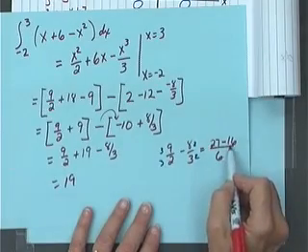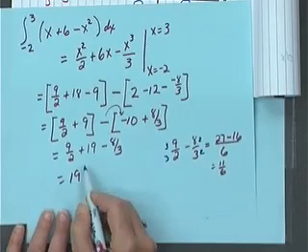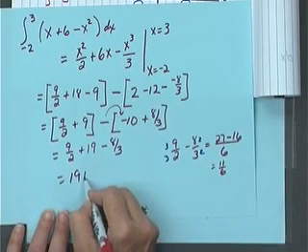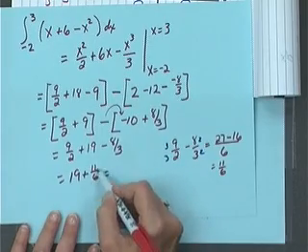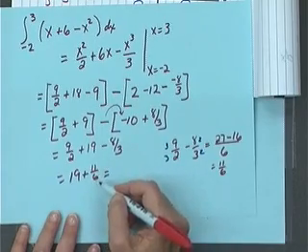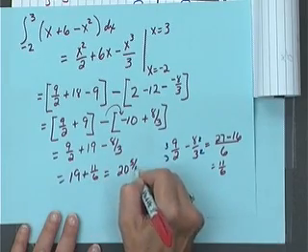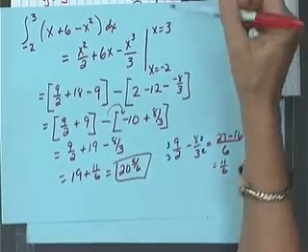What's that, 11? 11 over 6. So that will be 11/6. All right, and 6 goes into 11 one time, so that would be 20 and 5/6.